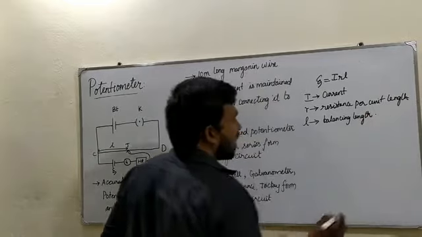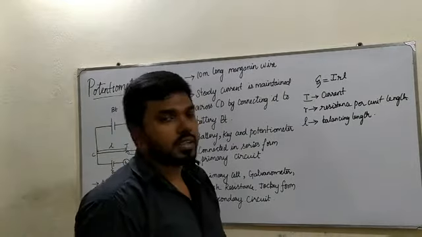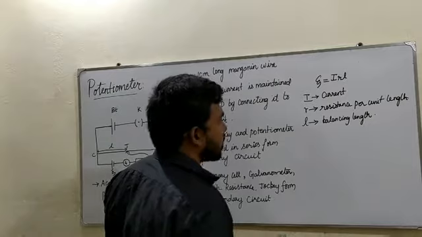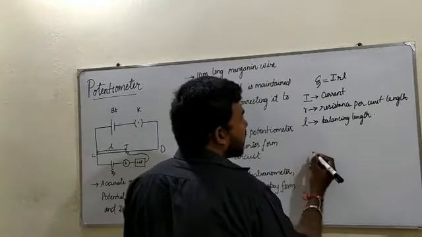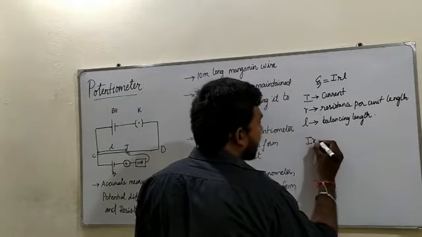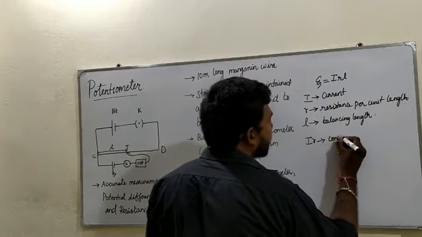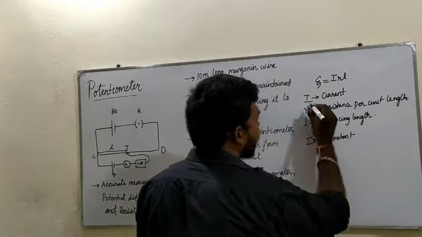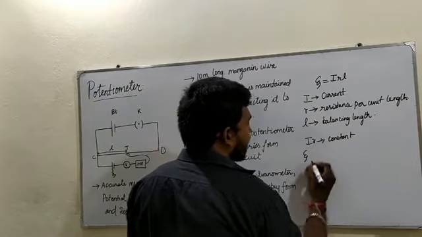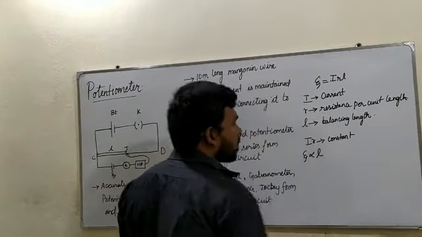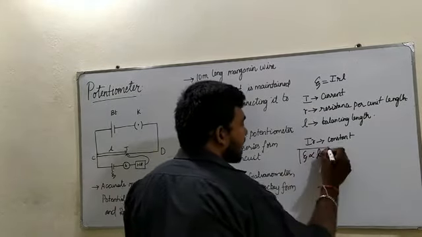Balancing length is the length at which the galvanometer shows no deflection. From this equation we can say that I and R are constant. So we can say that EMF of a cell is directly proportional to the balancing length.